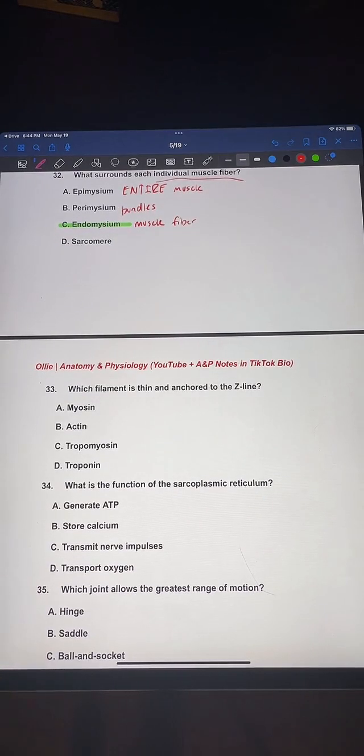Number 33, which filament is thin and anchored to the Z-line?